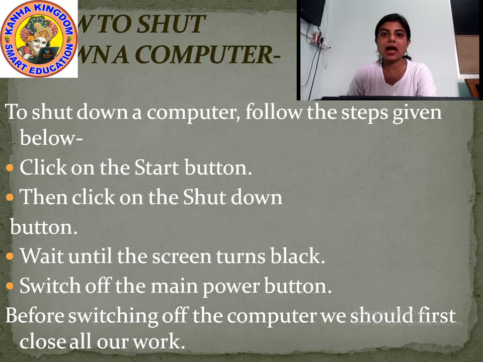Wait until the screen goes black. After that, switch off the main power button. That means switch off the button on your monitor and then the main switchboard. So these are the steps. First, you will click on the start button on the first page of your monitor screen. After clicking on it, you will find the shutdown option. Click on it and wait until the screen turns black. After that, switch off the button on the monitor and the main power button.